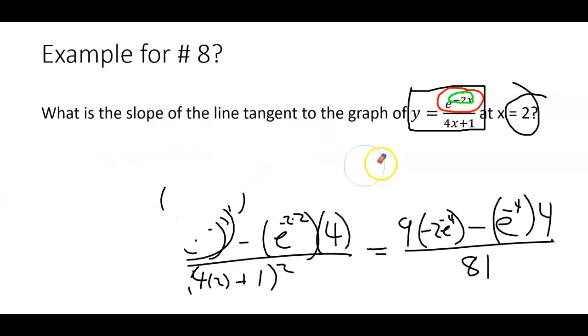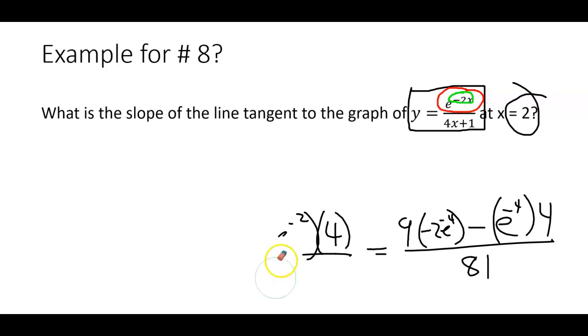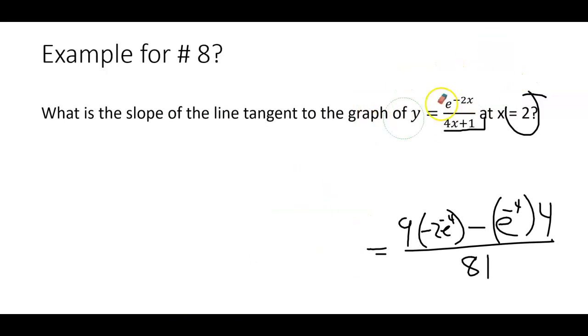But technically, we could do some algebra with this thing a little bit. So the first thing I want to draw your attention to is the fact that both this term and this term have an e to the negative 4. So what I'm going to do is factor that out. But actually, before I do that, let's multiply these together.